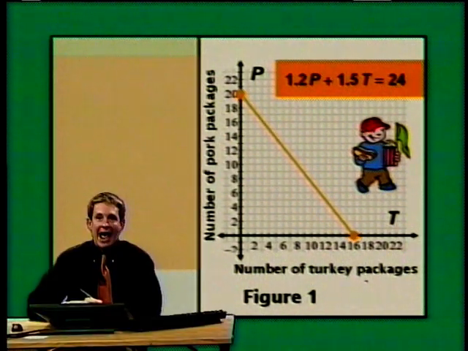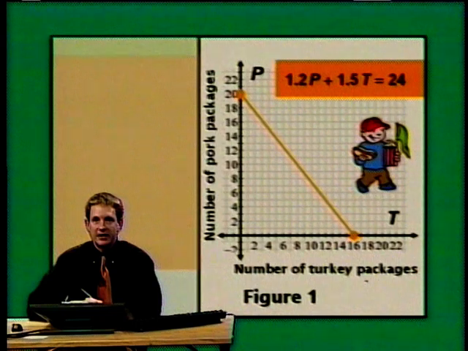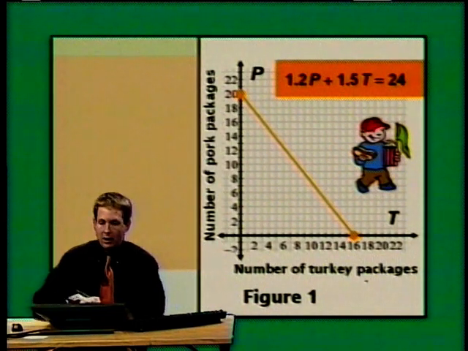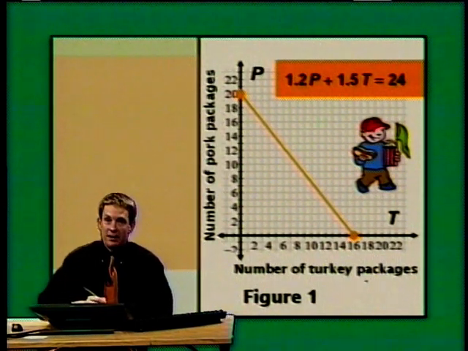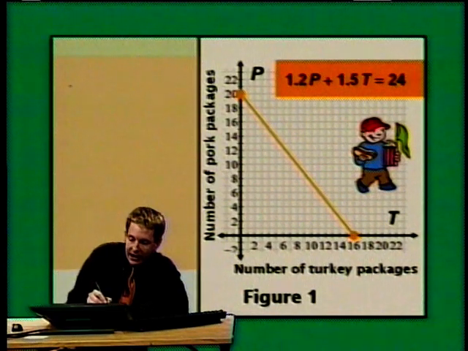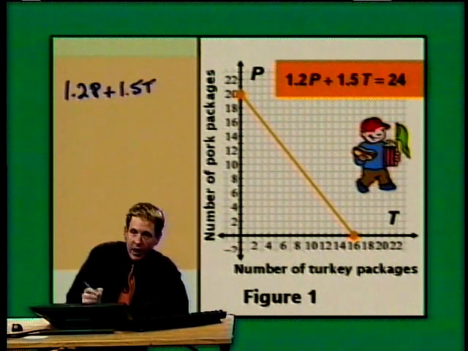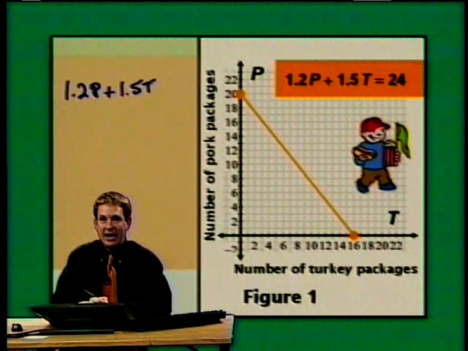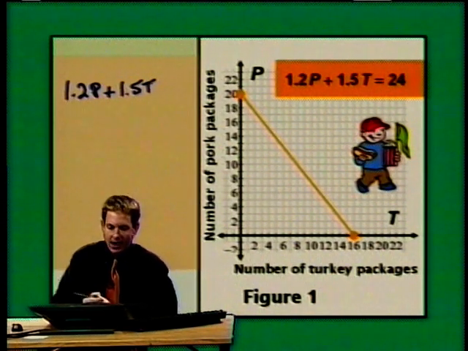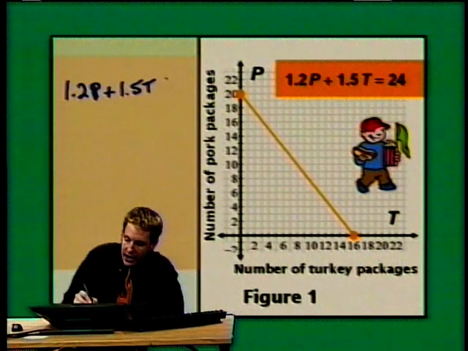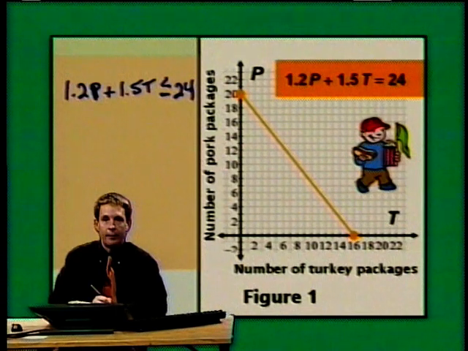Marge does not have to spend her entire wiener budget. What Marge does need to make sure happens is that the amount of money that she spends doesn't go over $24. And we can represent that using an inequality. 1.2P plus 1.5T needs to be less than or equal to 24.